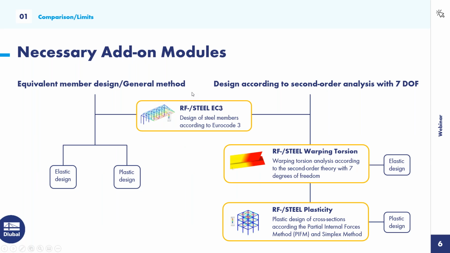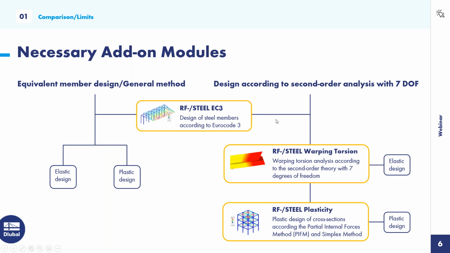Another overview, necessary add-on modules. You need the add-on module Steel EC3 for all 3 methods. For the equivalent member design and the general method, it's possible to do an elastic and a plastic design. How to define that, I will show you in the add-on module.